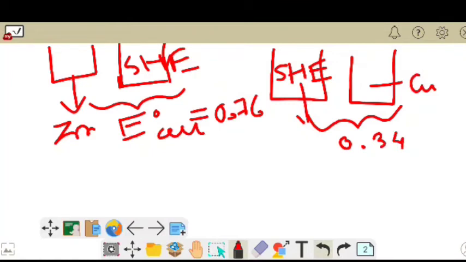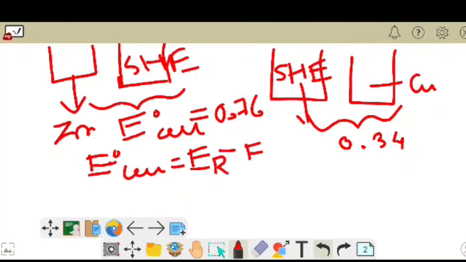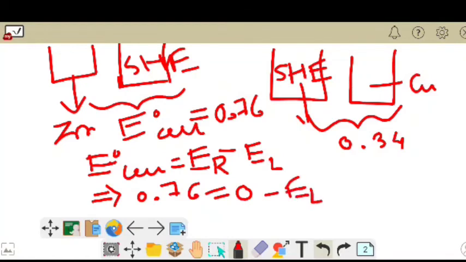You know that electromotive force E0 cell equals E right minus E left, right? So you put the value here, it will be 0.76 equal to 0, for hydrogen electrode it is 0, minus E left, which you don't know.